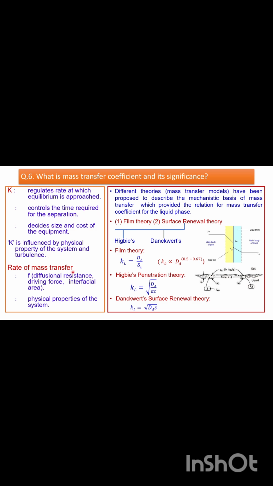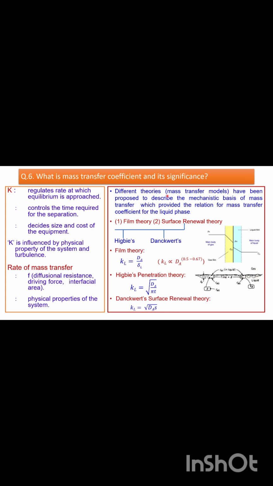The rate of mass transfer is a function of diffusion resistance, driving force, and interfacial area. The rate of mass transfer also is influenced by the physical properties of the system. Diffusion resistance is represented here by the reciprocal of the mass transfer coefficient.